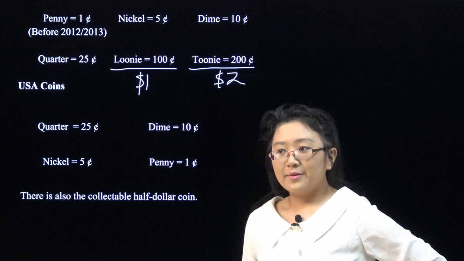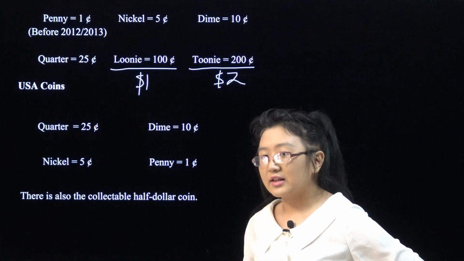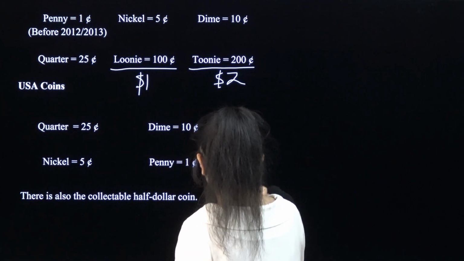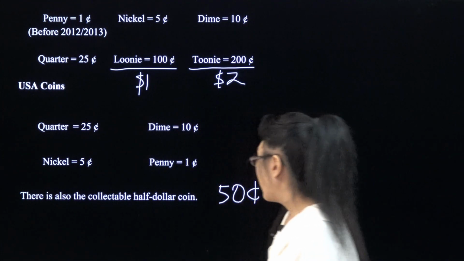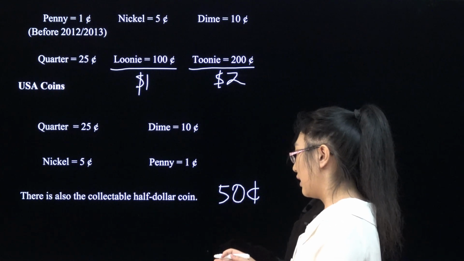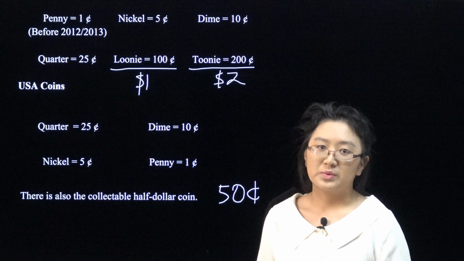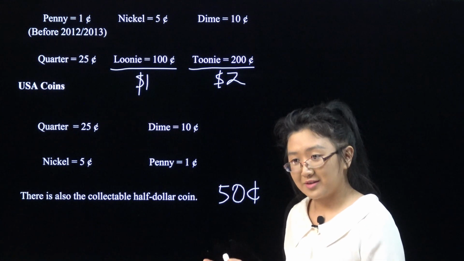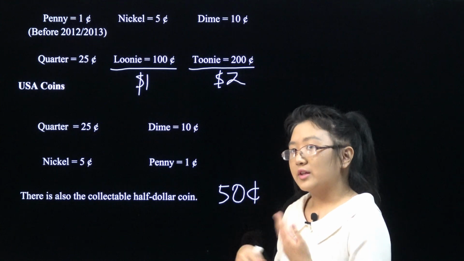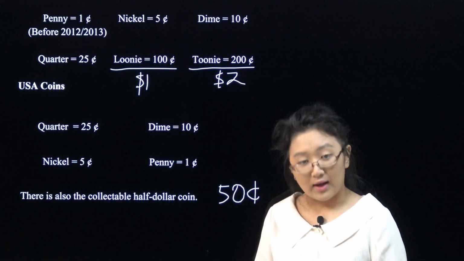You may say that there are technically half-dollar coins, which are 50 cents in America, but those are collectibles, which means that they are for people that collect coins. And they don't really use them in everyday life.